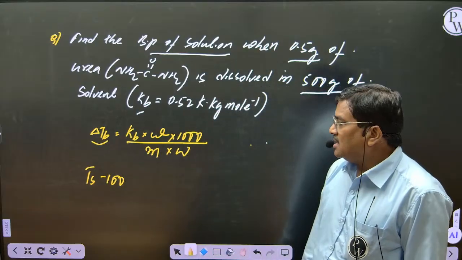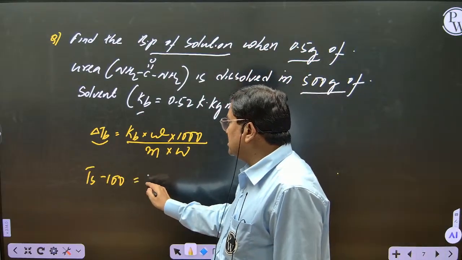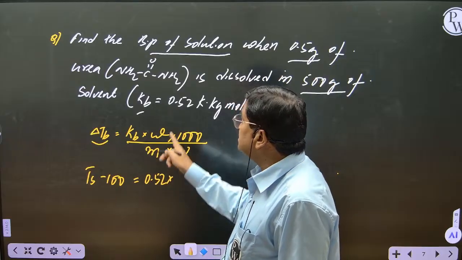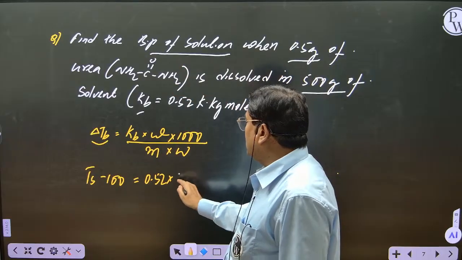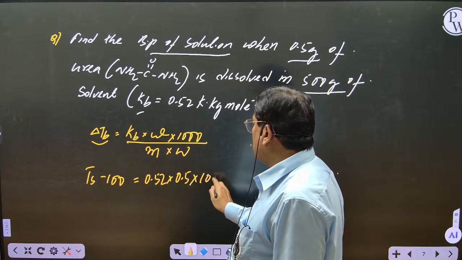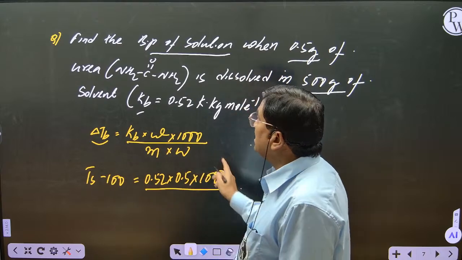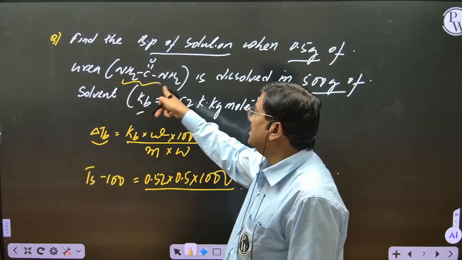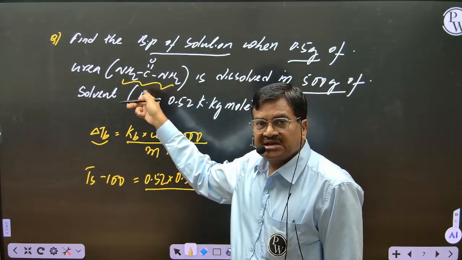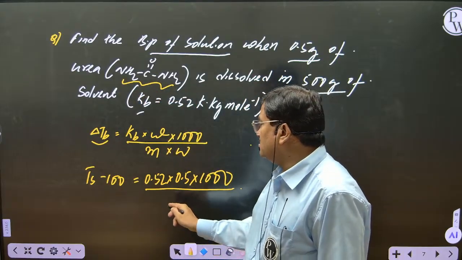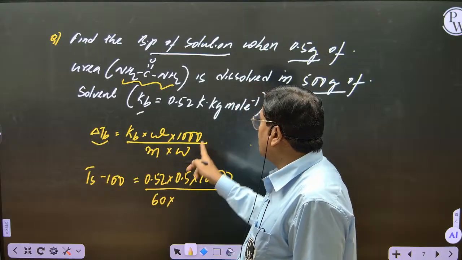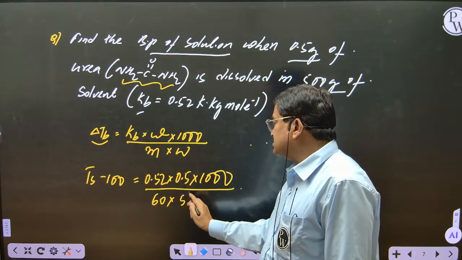100. Correct? So Ts minus 100, and the ebullioscopic constant is 0.52, and the mass of solute given to you is 0.5 into 1000 by the molar mass of urea. When you find out the urea molar mass, it comes to 60. Check. You can find the molar mass by adding the algebraic sum. Weight of solvent is 500, he has given.